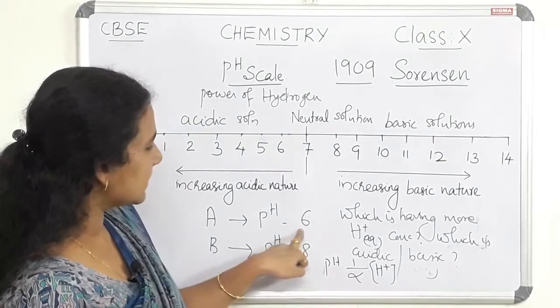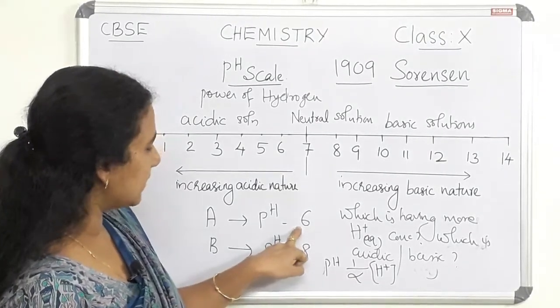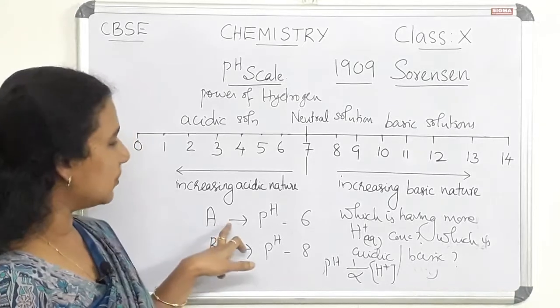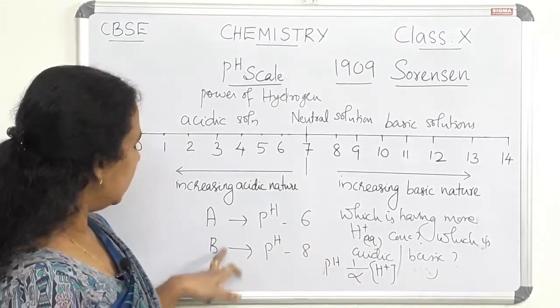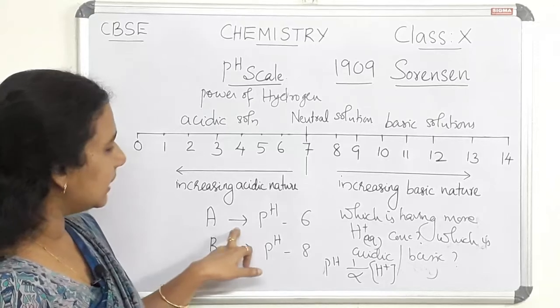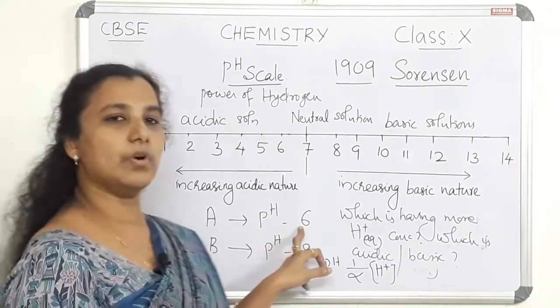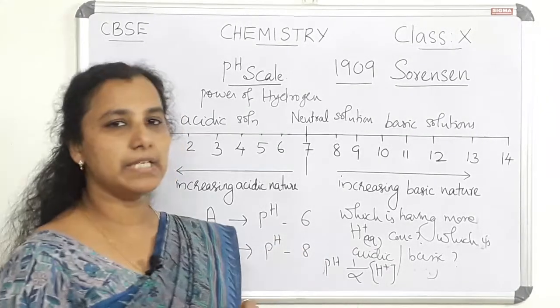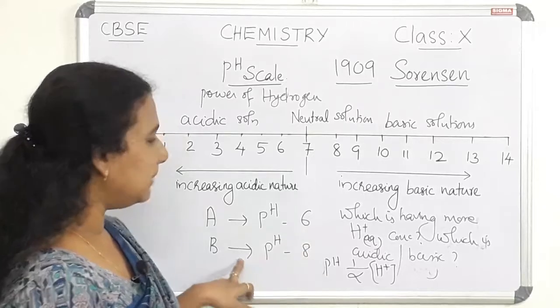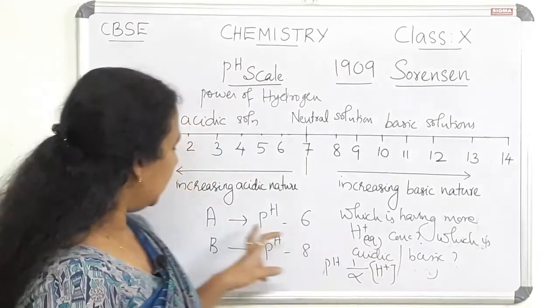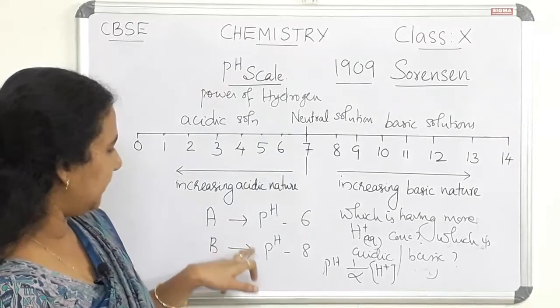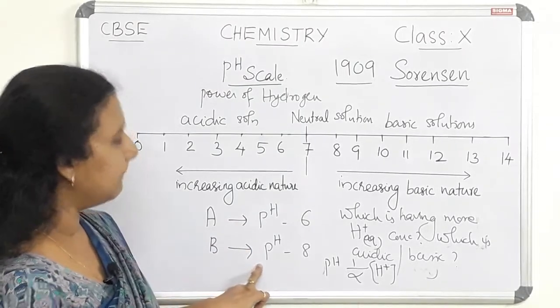Since pH is lower in the case of solution A, it has more hydrogen ion concentration. So solution A has more hydrogen ion concentration since its pH is less than B. And which is acidic and which is basic? Solution A is acidic and solution B is basic.